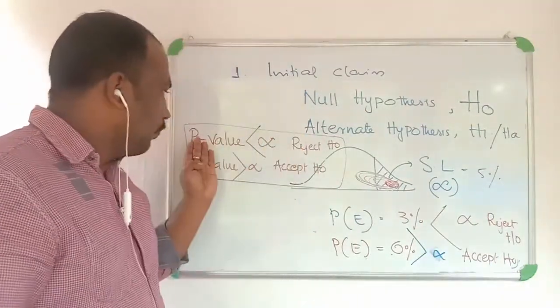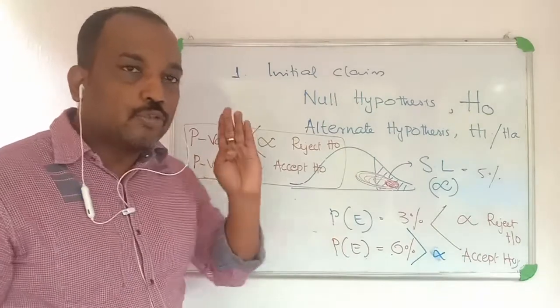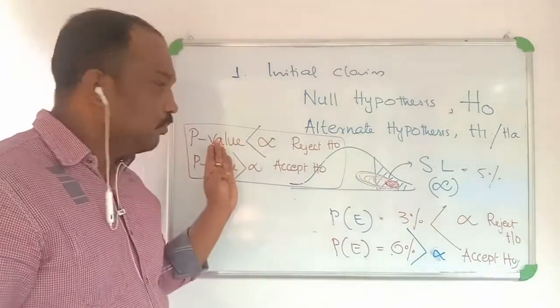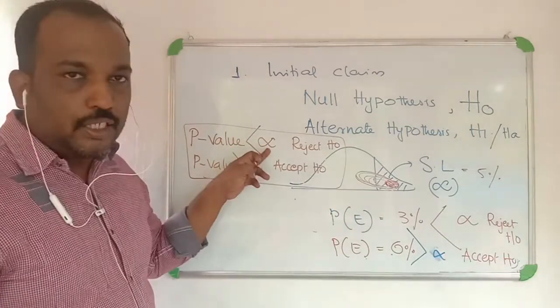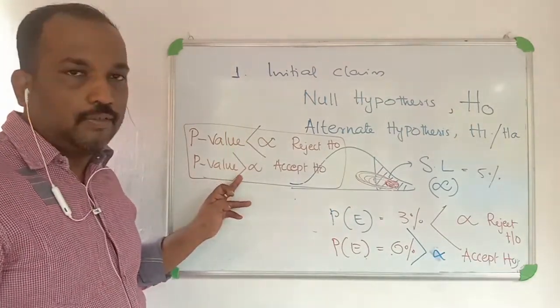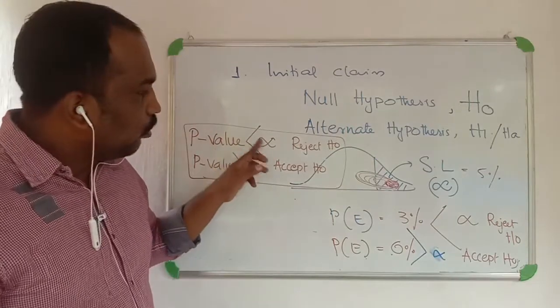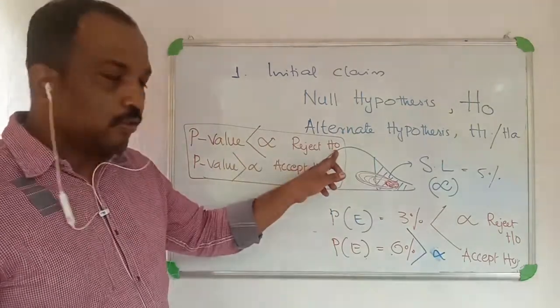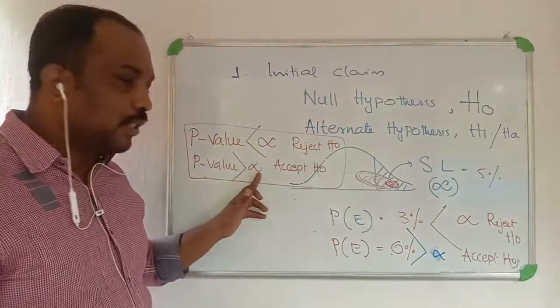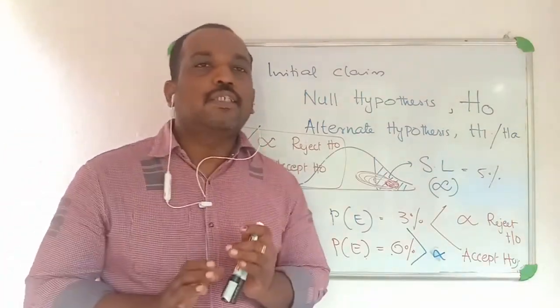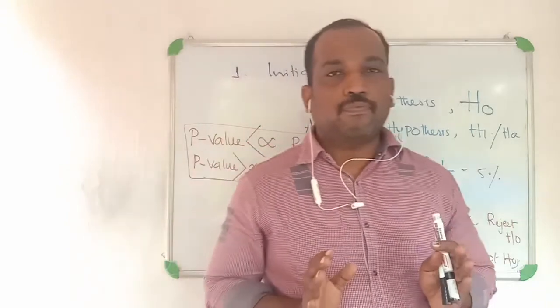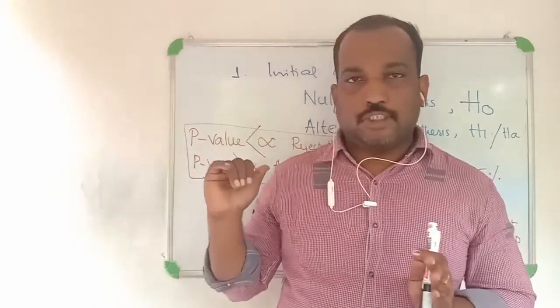Then find the probability value according to the question and check whether it is lower or higher than the significance level. If lower, reject H0, and if higher, accept H0. So this is the initial part of hypothesis testing. Thank you.